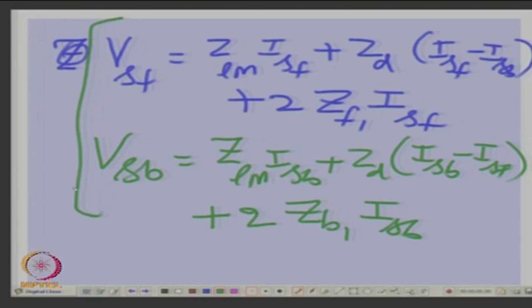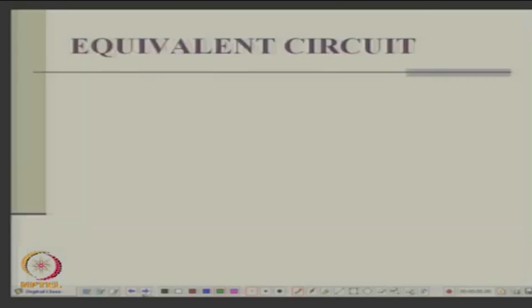So, you can draw an equivalent circuit. I have a VSF and I have a VSB.